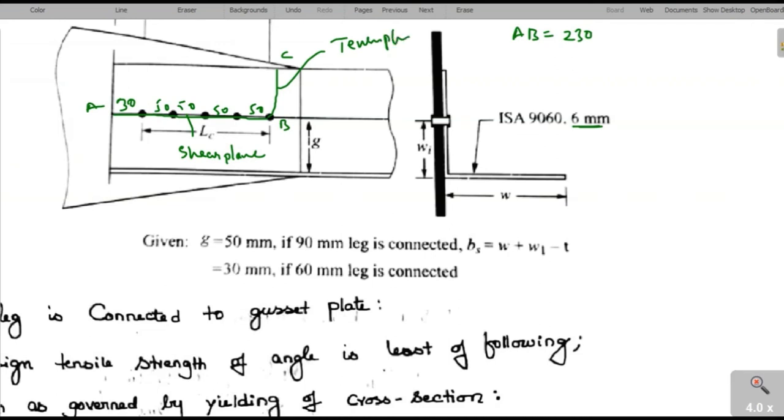So in this first case, the connected leg is 90 mm, right? This is 90. So what should be the value of G? It has to be 50. So if this is 50, what will be the value of this? 40. So this is 40.